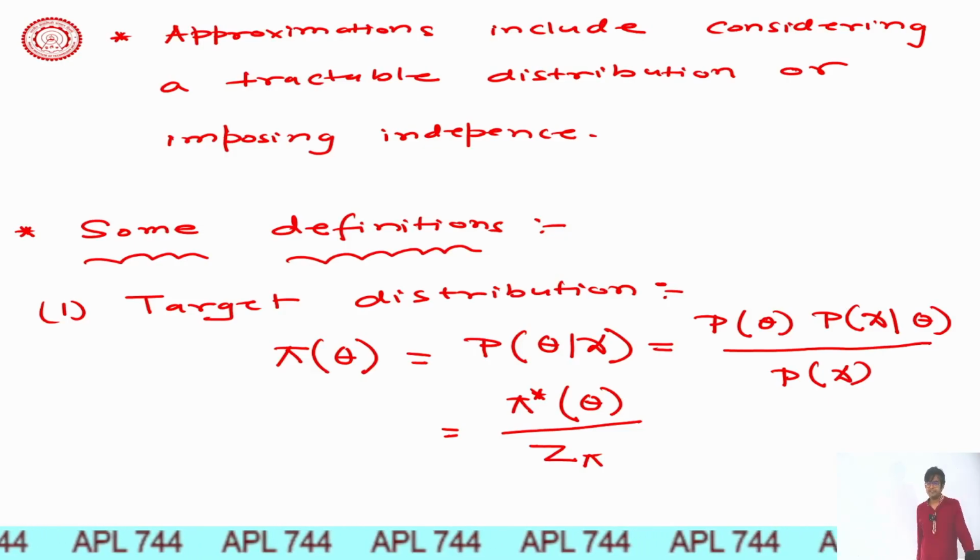What is pi star theta? We have been using it. What is the pi star notation? That is the numerator, the unnormalized distribution. What is Z pi? The normalizing constant.